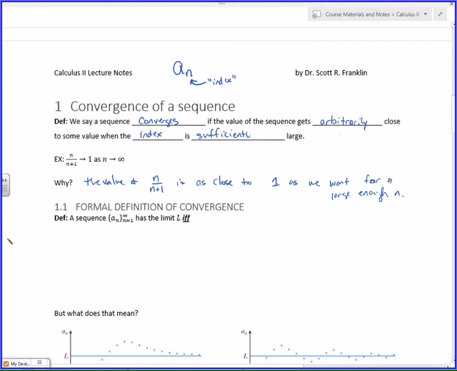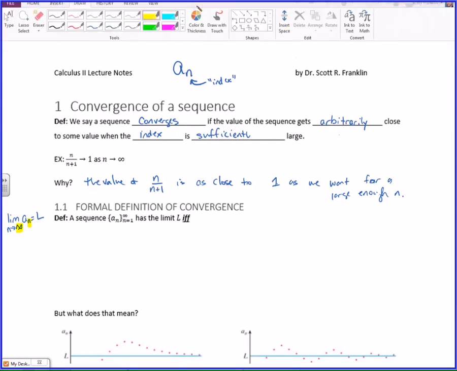What does it mean to say the limit as n goes to infinity of a sub n is equal to L? Notice how it looks very similar to that limit, except we got a couple of extra nuances. Namely, it's going to infinity, and it's also a sequence.